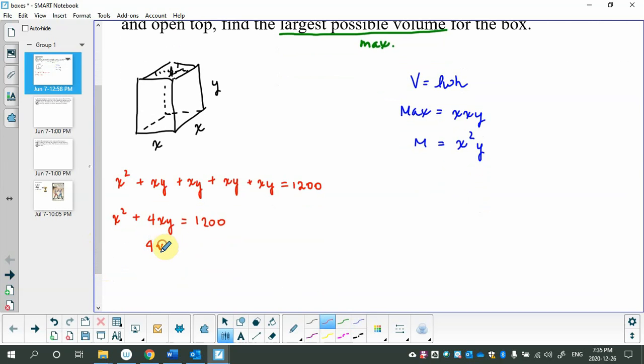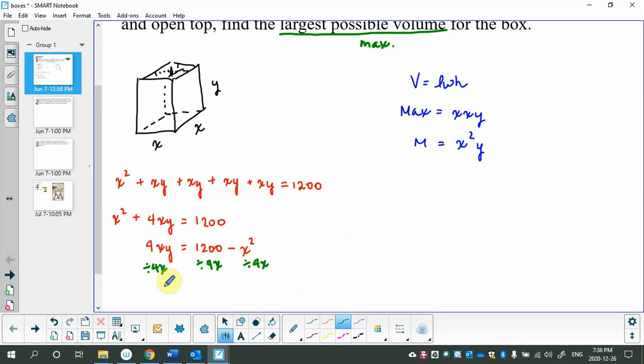Step 1, I'll take the x squared across the equal sign and subtract it. And step 2, you can do this in a couple of different ways. I'm going to do it this way. I am going to divide by 4x so that I'm left with y, which means I'm going to divide this side by 4x, but I'm going to do it twice, once for each term.